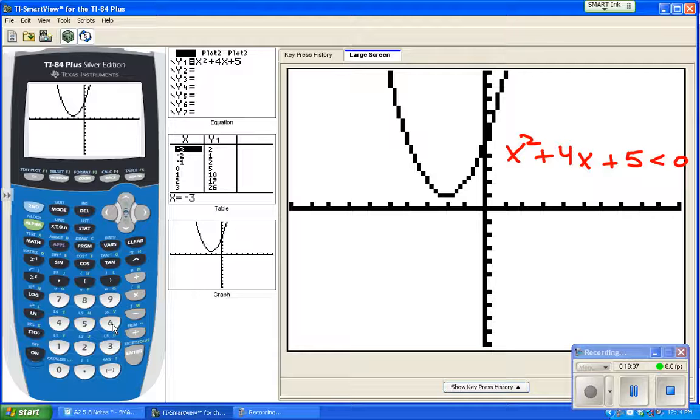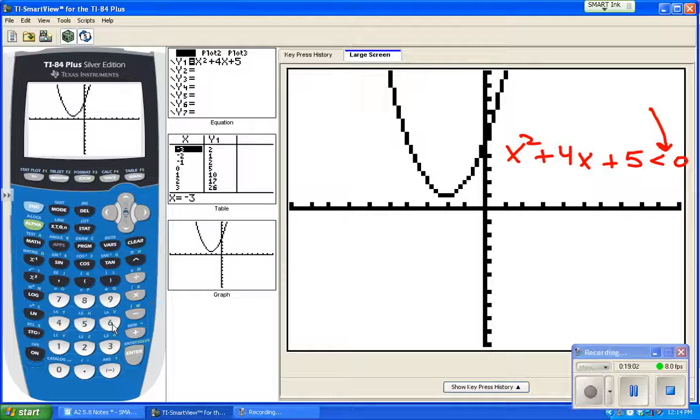Since we can't solve it algebraically to set up the number line, think about the graph. It's asking which x values make the y value less than 0, or negative. Is this graph ever below 0 for the y values? No, never is. So what is the solution to this inequality?